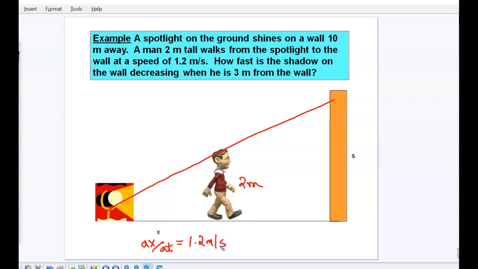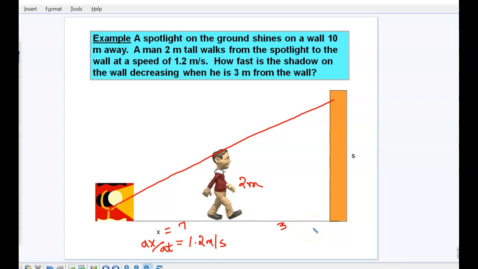The question is asking how fast is the shadow on the wall decreasing when he is 3 meters from the wall. If he's 3 meters from the wall, x is going to be 7. This distance right here is 3, and we know the whole distance between the light and the wall is 10.